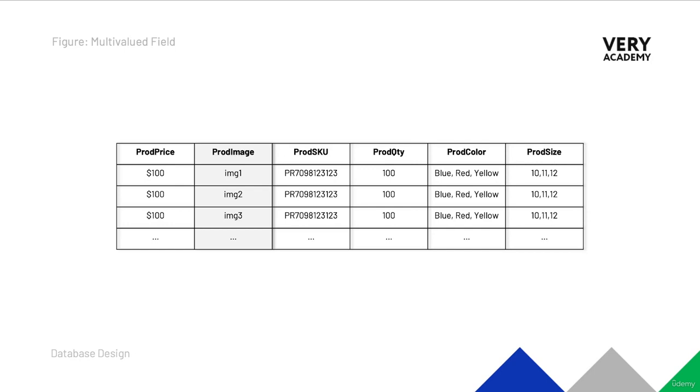And that's going to take up a lot of data in your database, and potentially that's going to cause issues. One of those issues might be update anomalies. So for example, if we were to update how many products we had of this particular product here, potentially that would also affect these other lines as well, because they are the same product, they just have different images.